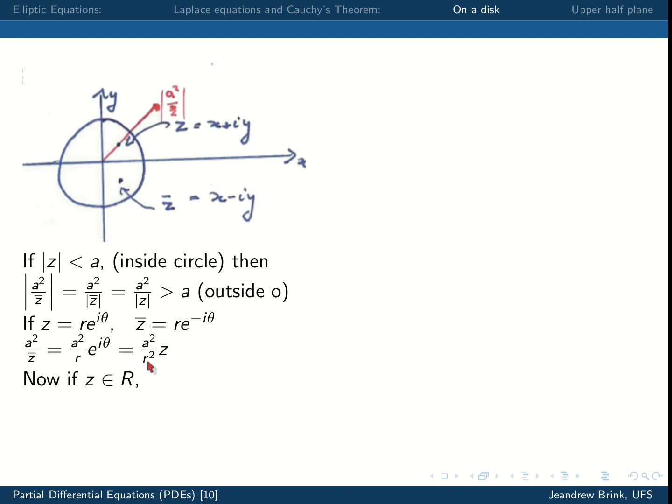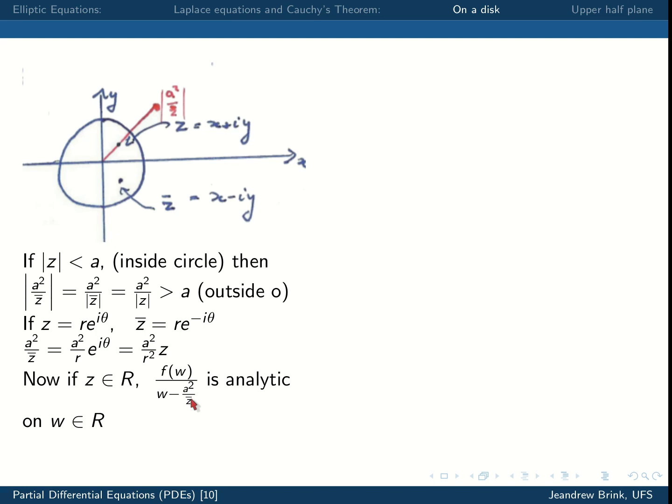Okay, so now the discussion goes, if z is in R, then this function is analytic in R if f of w is analytic in R. Okay, so let's just look at this w.